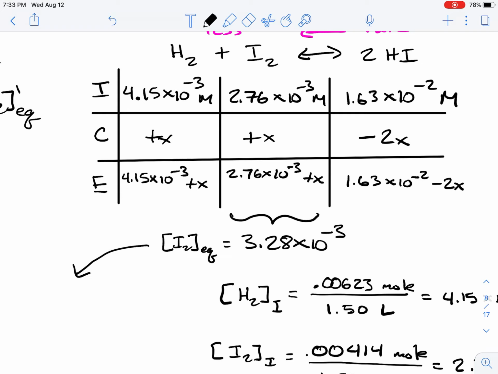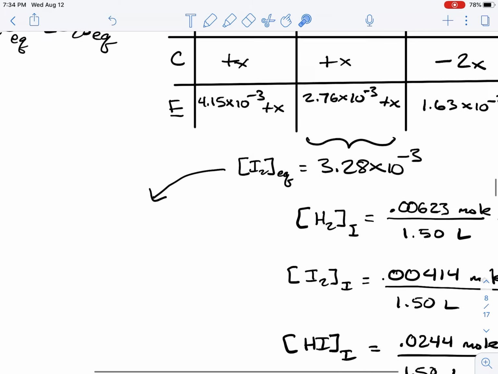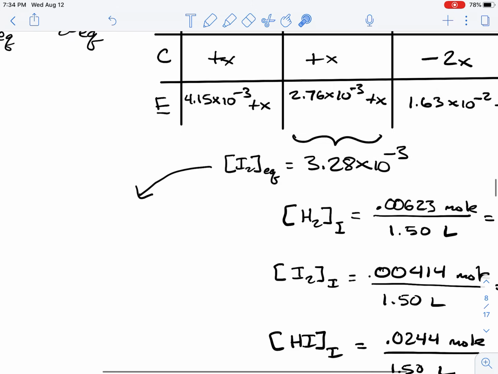Okay. And so since the problem gave me the equilibrium concentration for one of my substances, I can actually determine what the value of x is without doing all this crazy madness that you guys have seen in the previous class examples.